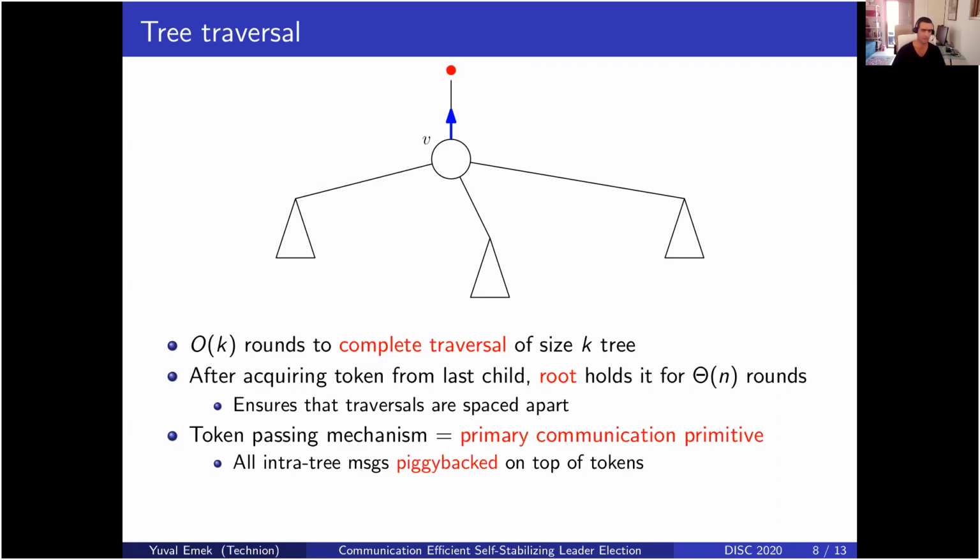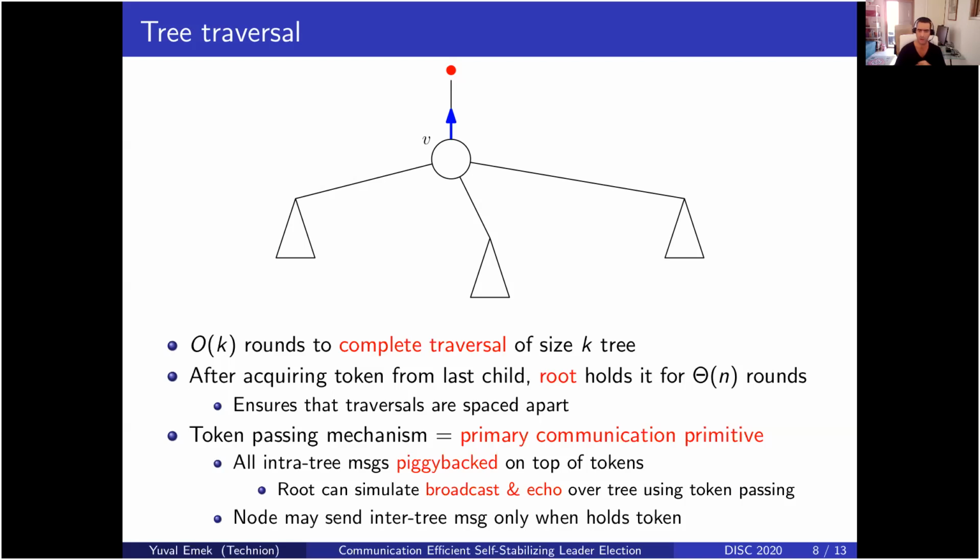And thinking about it, this allows the root to simulate a broadcast and echo process over its tree using the token passing. Moreover, a node may send an inter-tree message, a message over an edge that is not a tree edge, only when it holds a token.